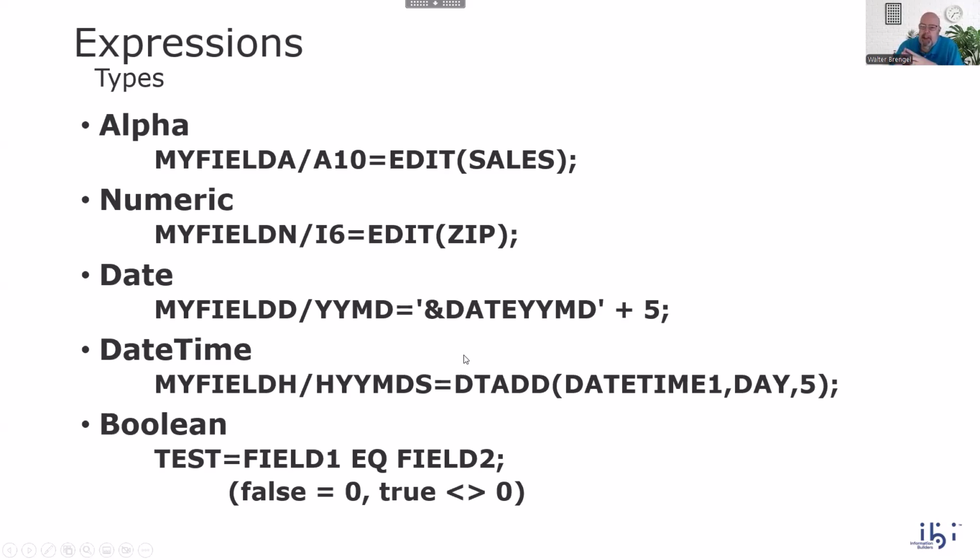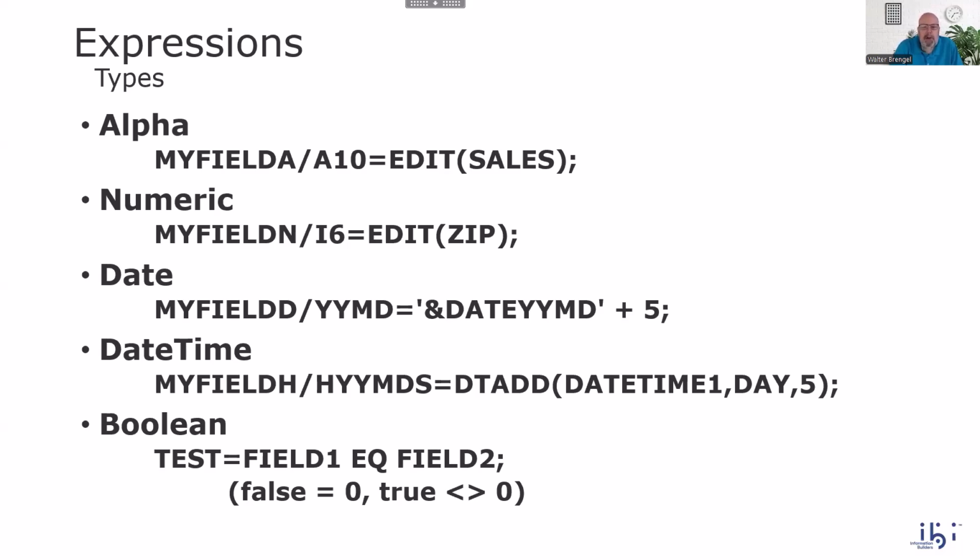So enter expressions. Expressions are defined by types, and the type is the result type of the expression. So an alpha expression will be something that returns an alpha, a numeric returns a number, an I, a P, or a D. A date expression returns a date, et cetera. You've seen most of these, I'm sure. You might not have seen the Boolean. A Boolean says field name equals, and then the expression is field one equals field two.